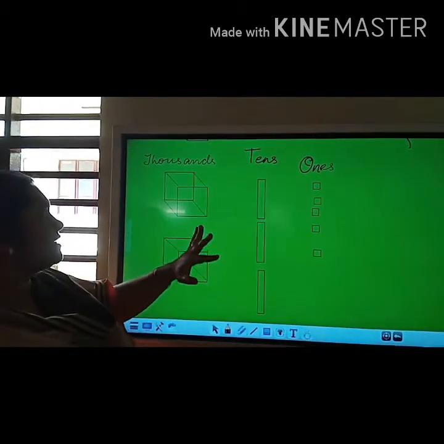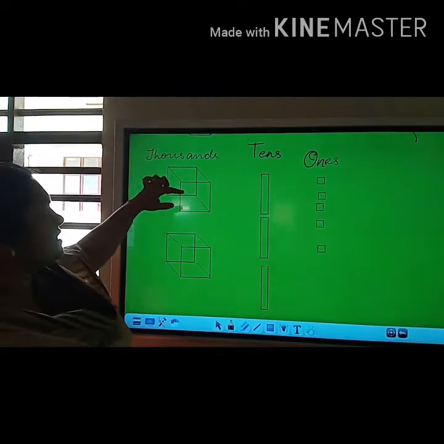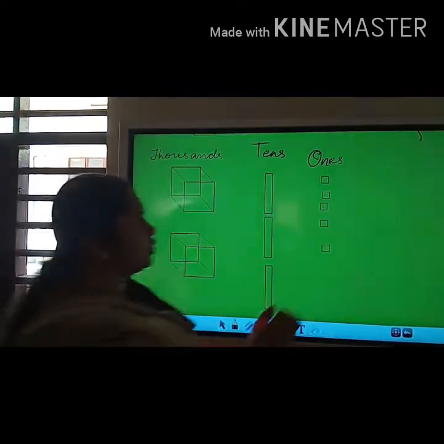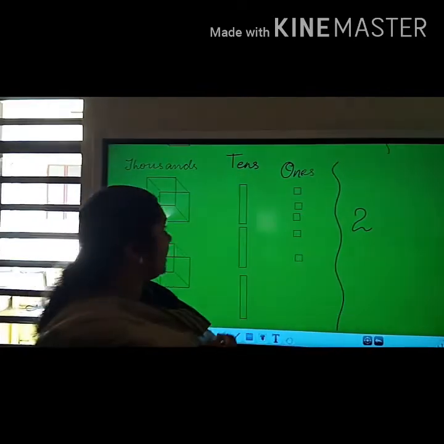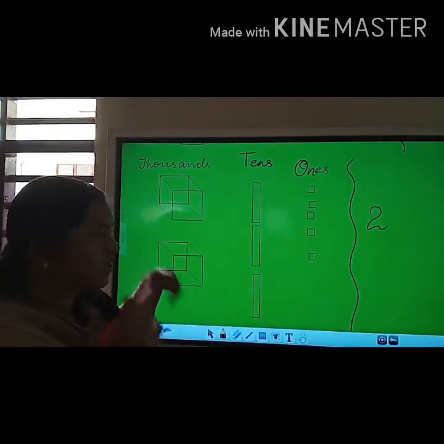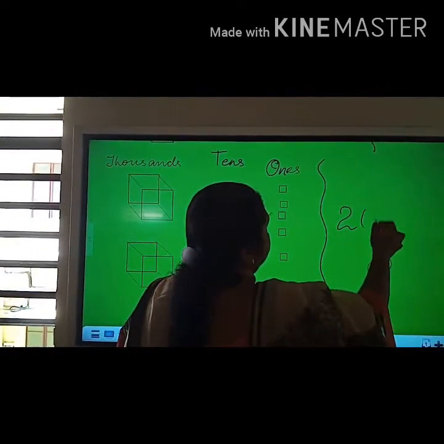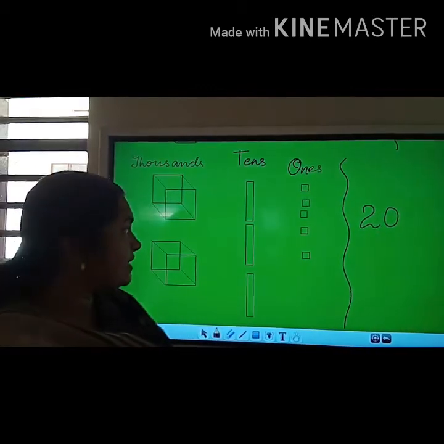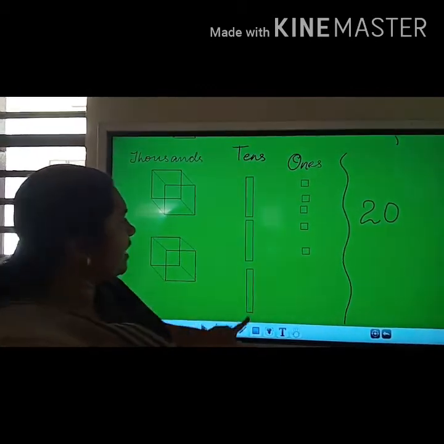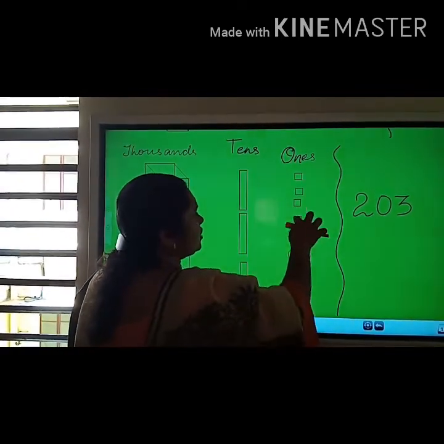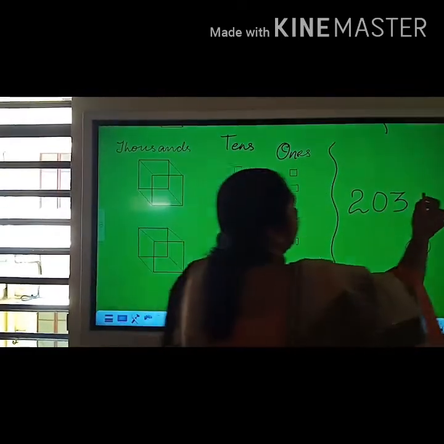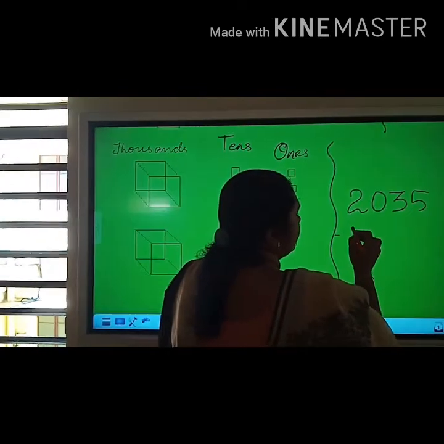So what will be this number? In the thousands place we have 2, 2000s we have. Then in the hundreds place we don't have a picture, so let it be 0. Then in the tens place we have 3. And in the ones place 1, 2, 3, 4, 5, so 5. So what is the number?